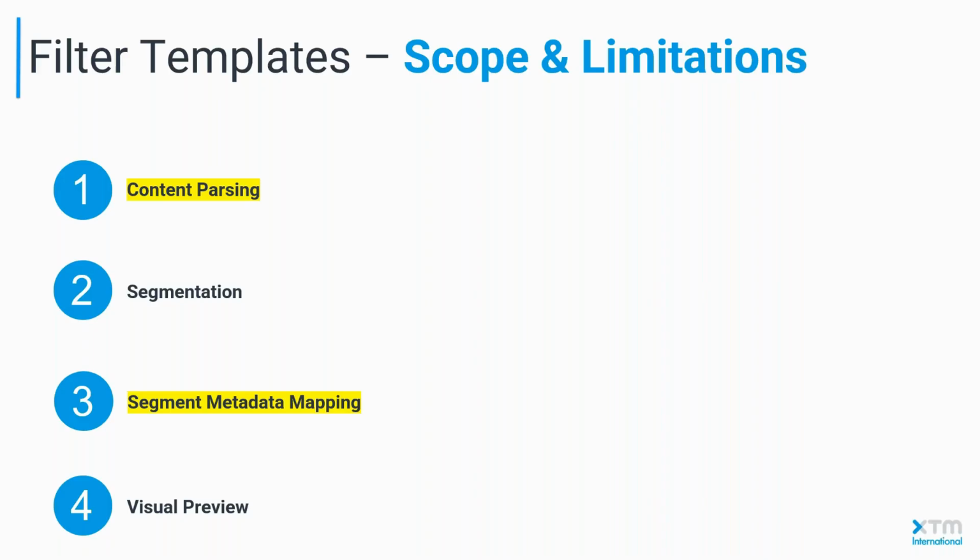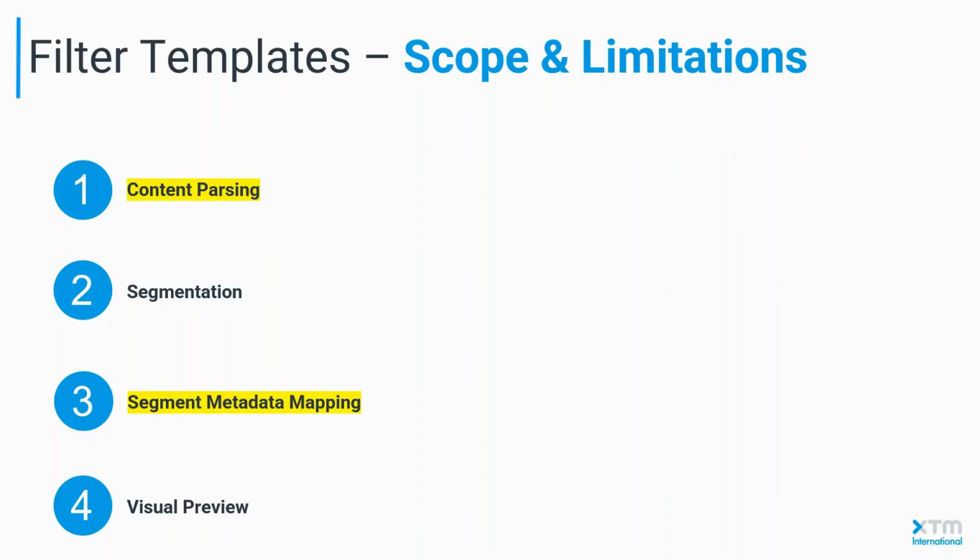And then last, about visual preview. There's a visual preview for some file formats available in XDM. Sometimes the style applied by XDM would be a little more generic than the style applied in the way that you're rendering your content.